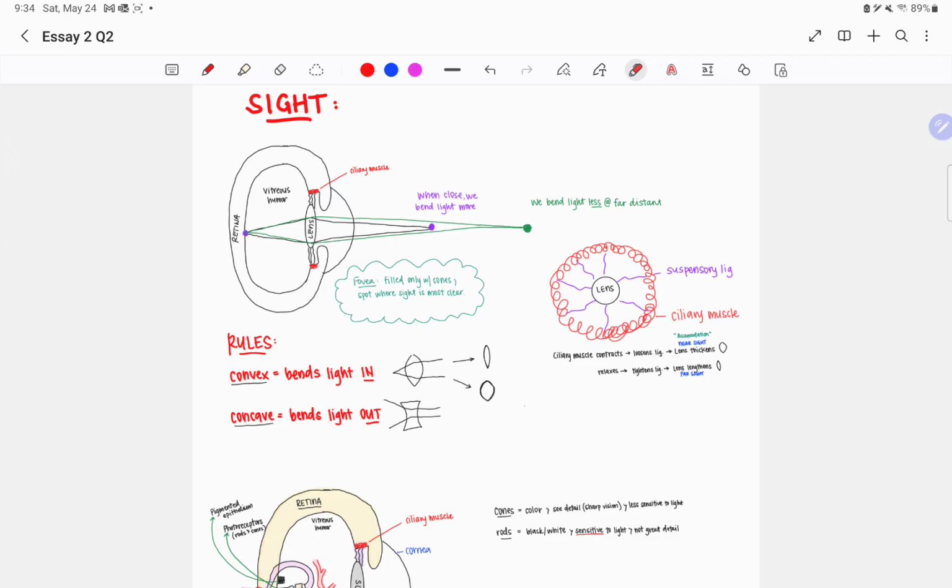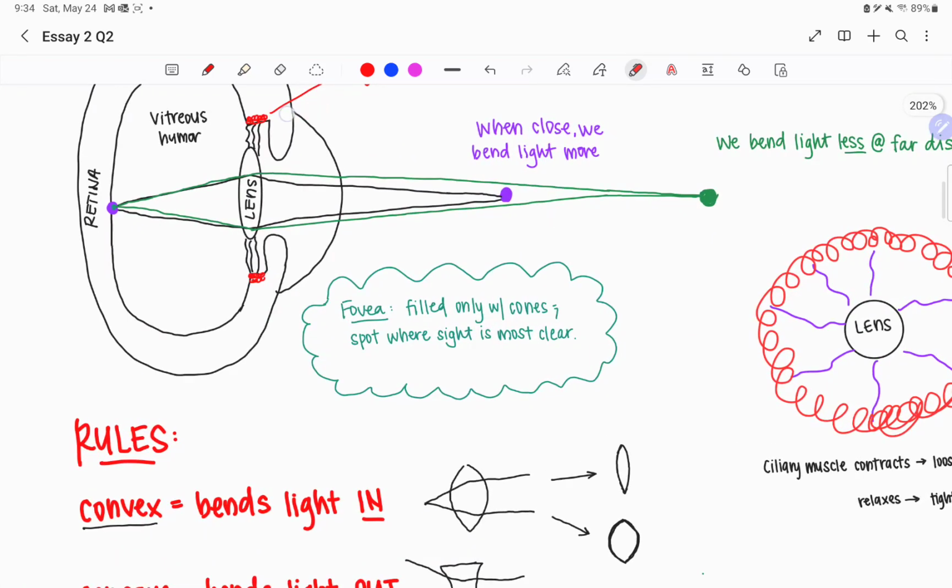All right, so we have two parts that bend light. We have this cornea, and we also have this lens. Okay, so when light is being reflected off of an object, say this is our object, it's coming, and light kind of diverges as it goes, right? So as it hits this, I should have drawn it a little different. It starts bending in, and as it hits the lens, it bends in even more.